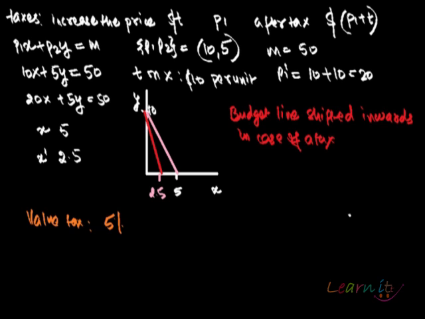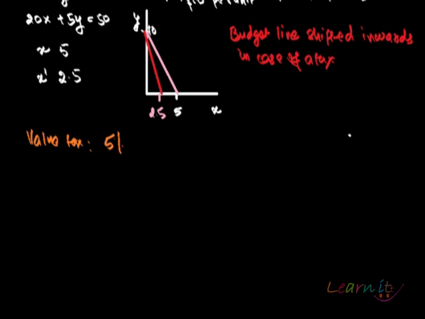Now what will happen in case you have a subsidy? Subsidy is another part of the story, where the government gives an amount to the consumer that depends upon the amount of the good purchased.